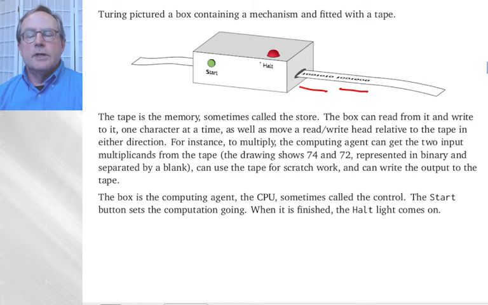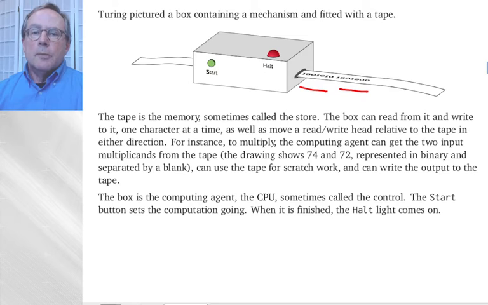Inside the device, there's some kind of gears or levers or electronics or Legos. I don't really care. Inside the device is some kind of engineered thing that can do what I want it to do. So the tape is the memory, sometimes called the store. The box is the computing agent, sometimes called the control. We'll think of the box as a CPU, by analogy with a modern-day computer.